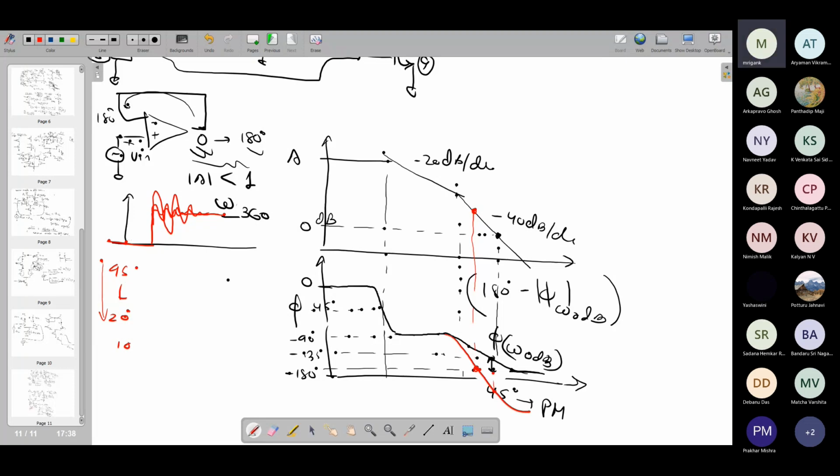Now, in order to get 45 degree phase margin, what is the condition? In this case, I've already drawn that condition. I have already put a 135 degree phase shift at the omega 0 dB crossing point, and that essentially means the phase margin is 45 degrees. So when you want a 45 degree phase margin, what is the condition in terms of pole locations?